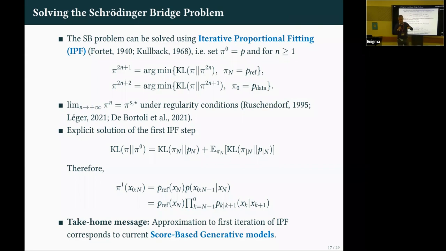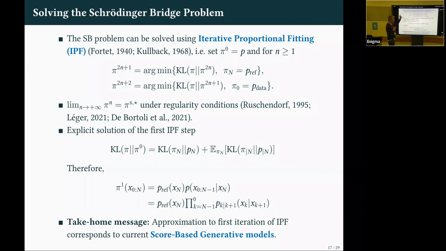The original problem has two constraints, at time 0 and at time n, and now you just enforce them one at a time and iterate. This algorithm is well known, with a long history, and it converges toward the solution of the Schrodinger bridge under mild assumptions. Now let's have a look at what it does. Let's look at the first iteration of IPF.